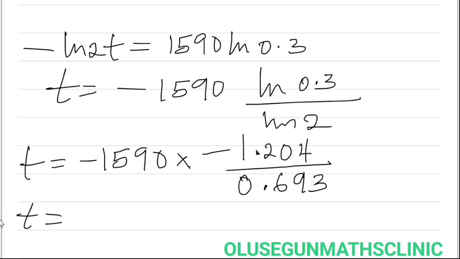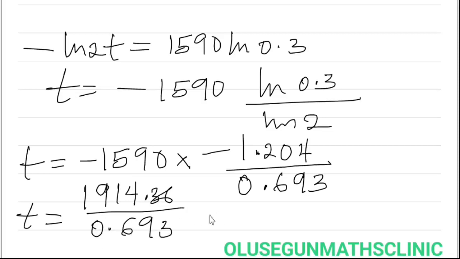So everything we give you, it will be 1914.36 over 0.693.